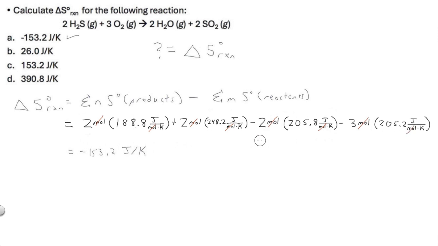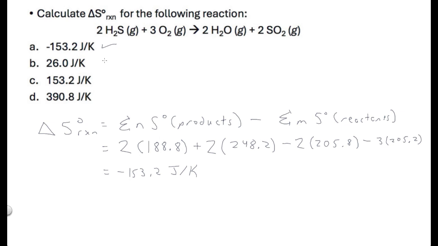And now you can see that the correct units for our final result when we use this formula really are joules per Kelvin, which matches the units in the choices. Okay, good.